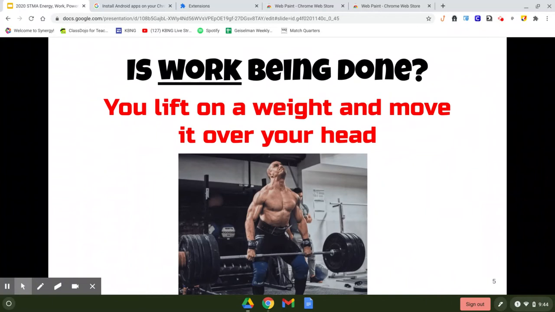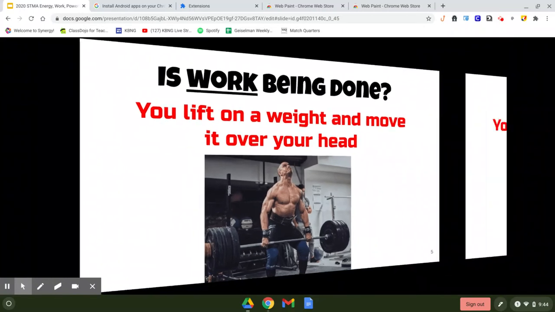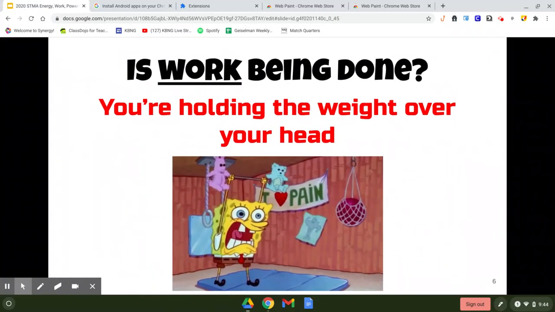So in this picture, is work being done? You lift a weight and move it over your head. Is work being done in this picture? In the next one, you're holding the weight now over your head. Is work being done? Yes or no?